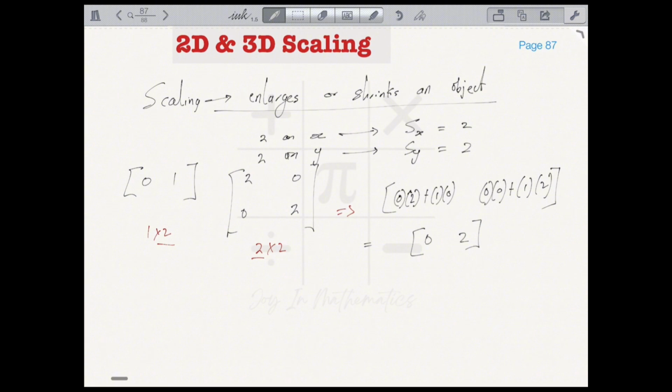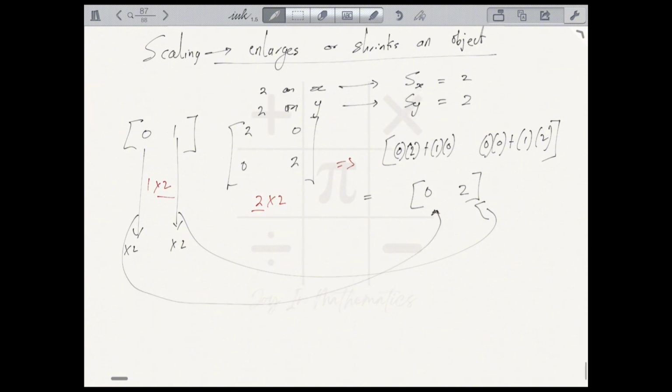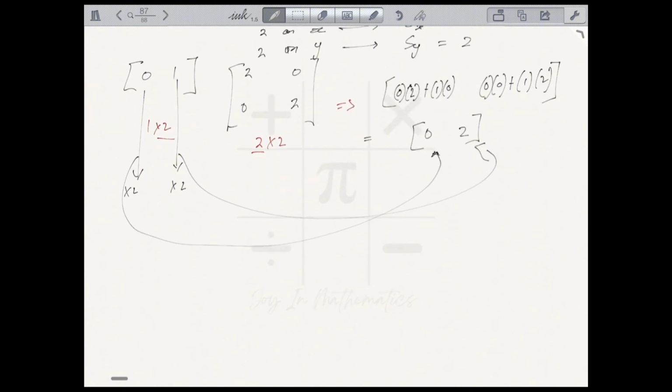Now this will result in (0, 2). Now what do we observe? We observe that this was multiplied by 2, and likewise this was multiplied by 2, and we had the result to be 2 and we had the result to be 0. Now we can conclude that the scaling matrix for 2-dimensional will be sx, 0, 0, and sy.